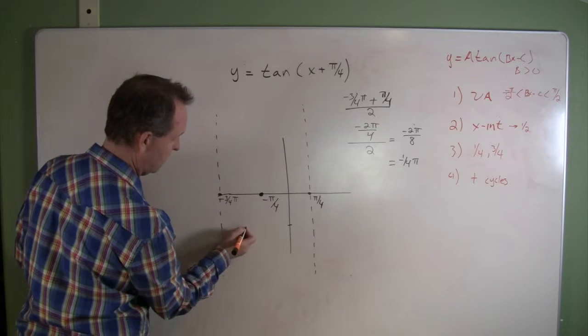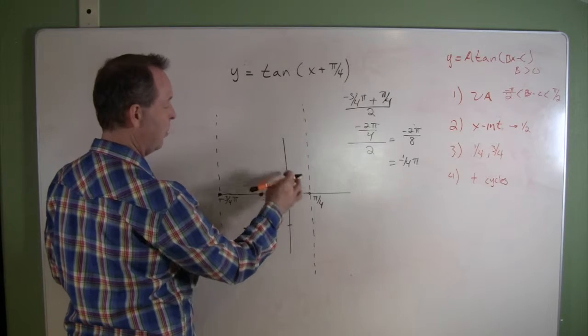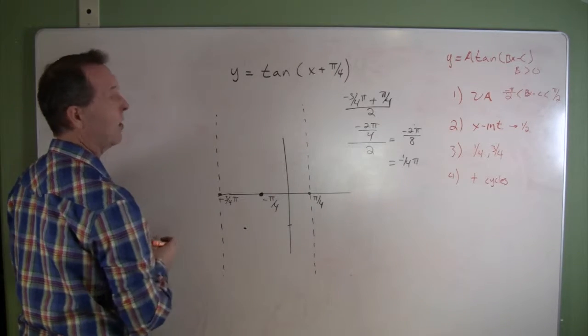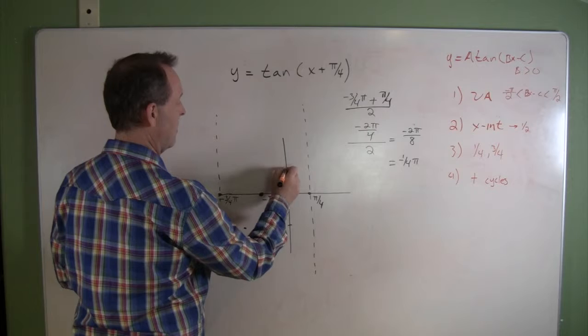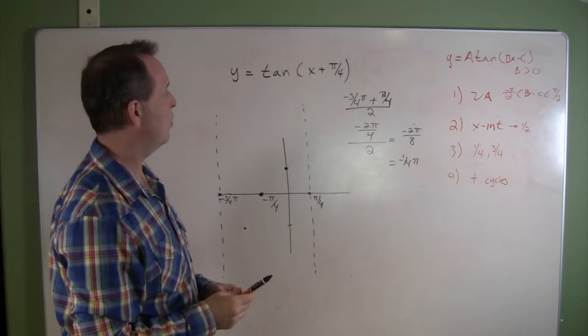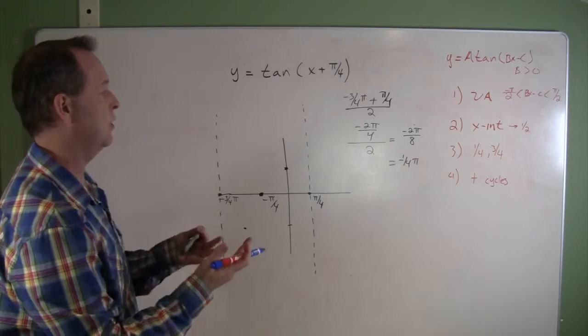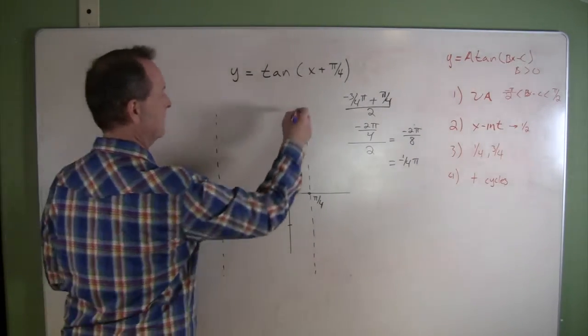Halfway between those two points, right on the y-axis, I have a value up at positive 1. With that, I have enough information to start to create the graph.